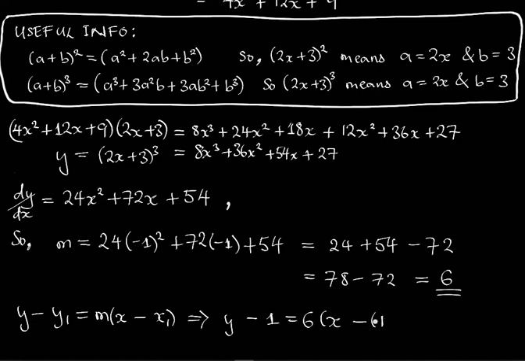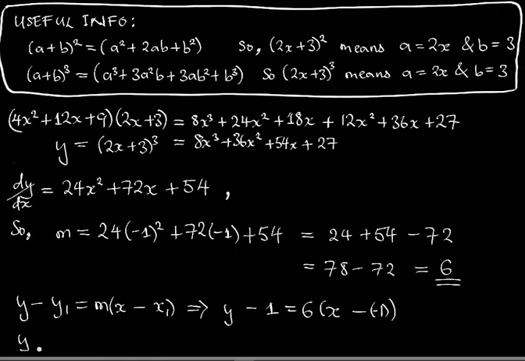Remember, x1 was negative 1, and so our final result should be y is equal to 6x. Here we've got a plus, so it's going to be plus 1, which means the equation of our tangent is y is equal to 6x plus 2.